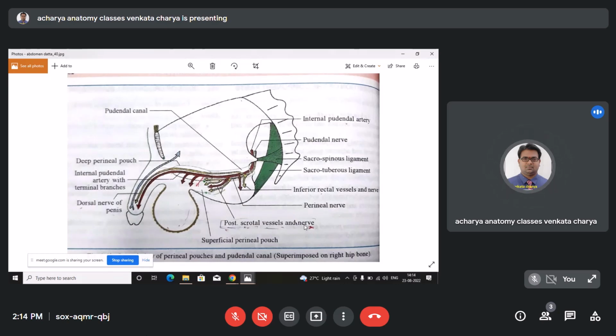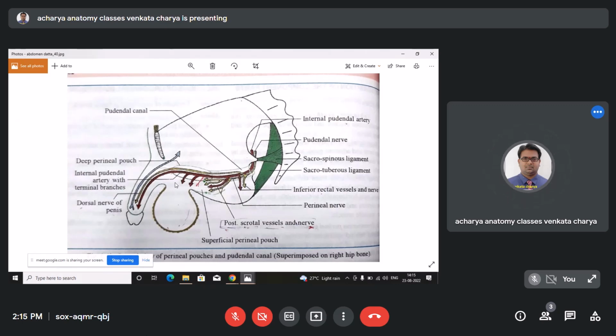Number three, deep artery of the penis, which supplies the penis.